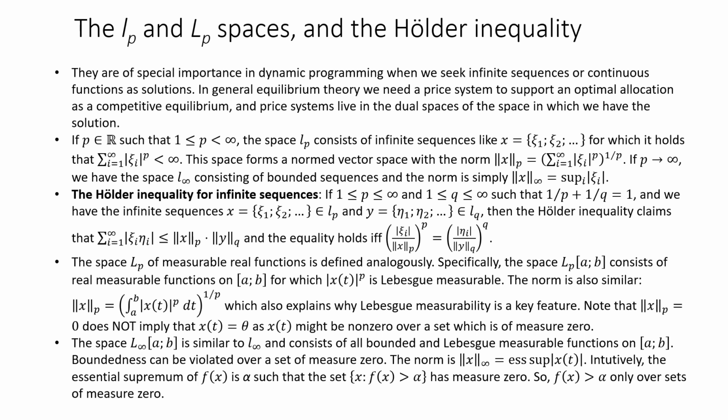This is a normed vector space with the norm. The definition is based on the sum of the powers of the absolute values of the elements of the infinite sequence.